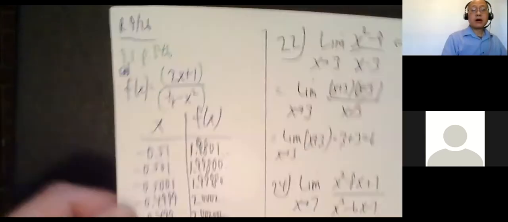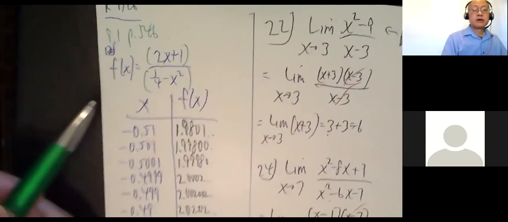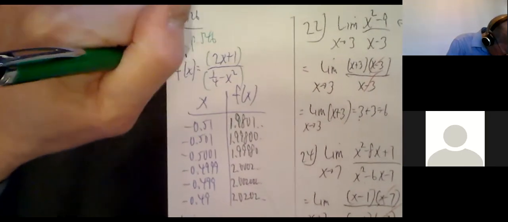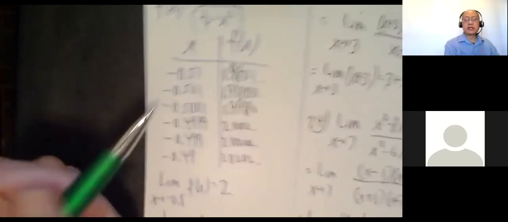So let me show you the table for 12, and that will pretty much do it, hopefully. All right. So here's problem 12. Maybe you can't really see it. These are the ones right off the text.